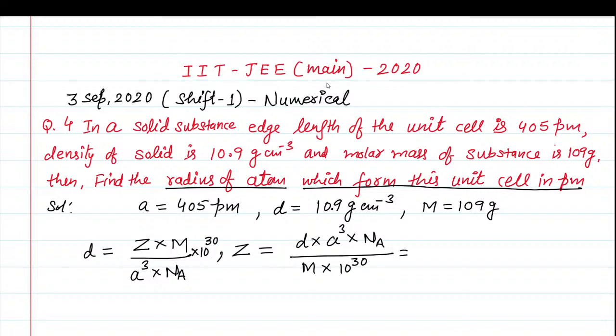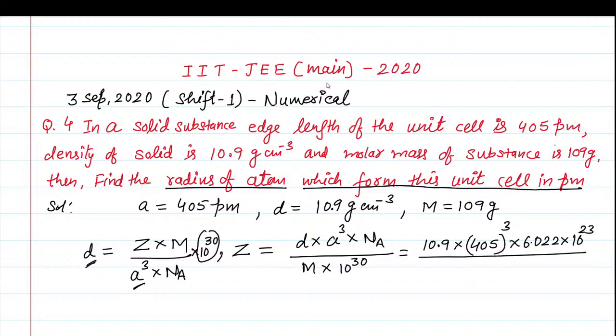So D is 10.9 and a is 405 cube, Avogadro's number 6.022 into 10 raised to power 23, divided by M, which is 109, into 10 raised to power 30.